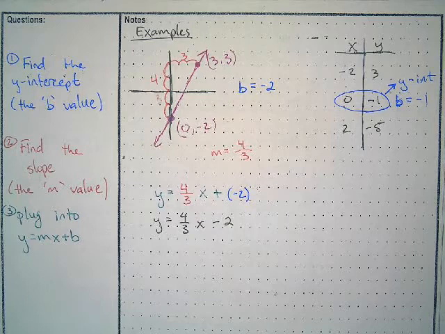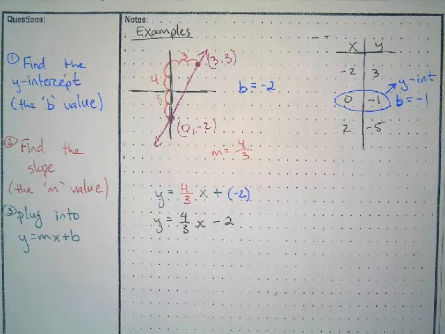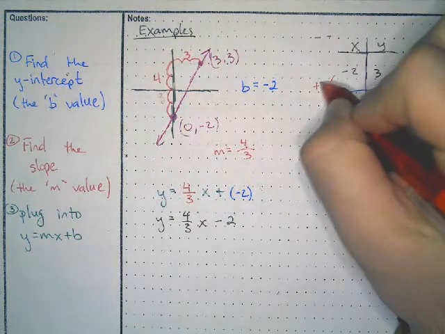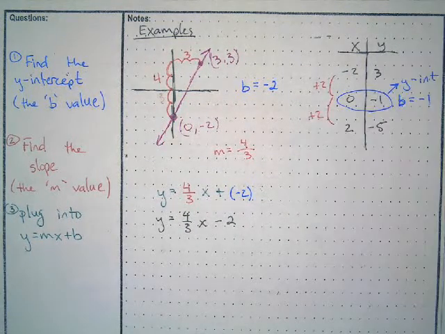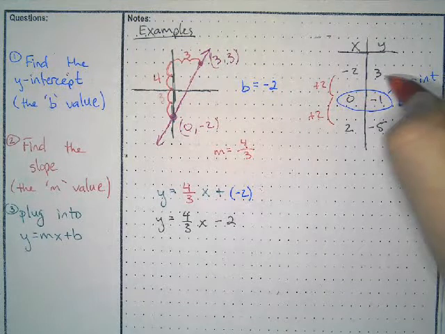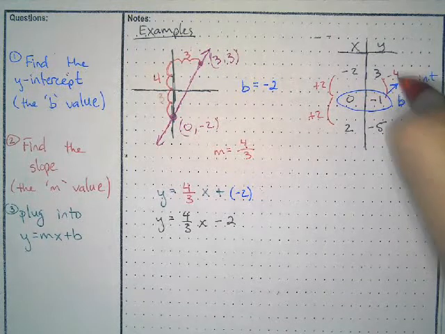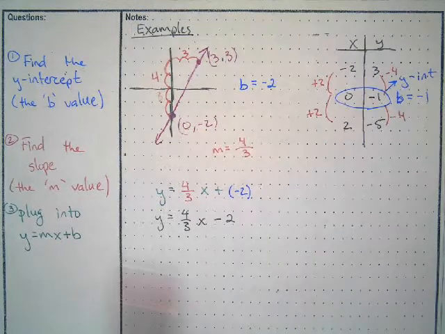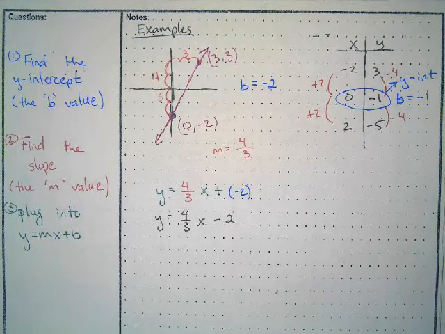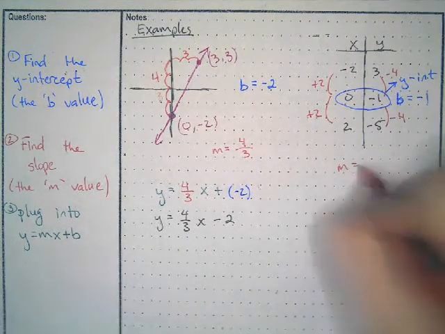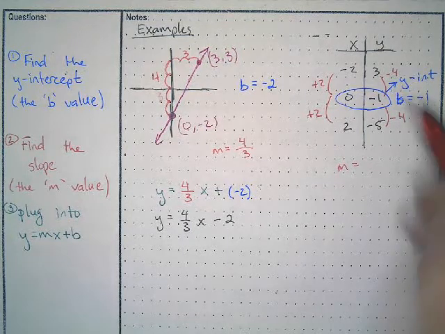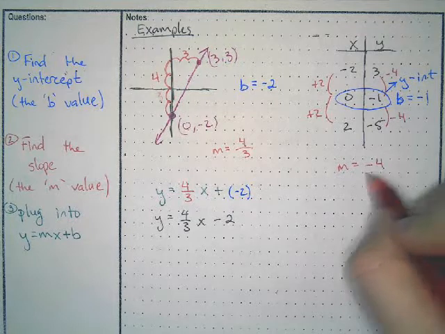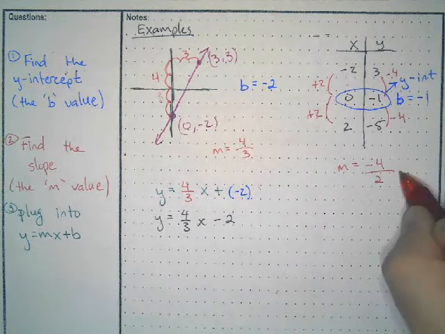Now we can find our rate of change. My change in x is plus 2 each time, and then my change in y is minus 4. And so we're going to do change in y over change in x. So my m will equal change in y, negative 4, over my change in x, which is 2.